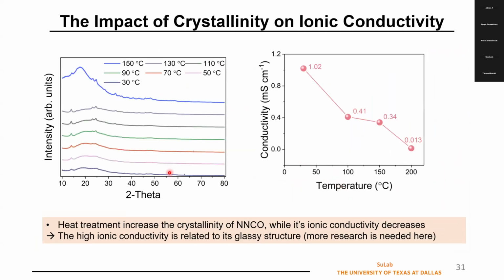And we tested the change of ionic conductivity versus temperature, and also the XRD at different temperatures. We found that when we increase the annealing temperature, the ionic conductivity decreases and the XRD peaks increase. So the increased ionic conductivity can be correlated to the amorphous-dominant phase.